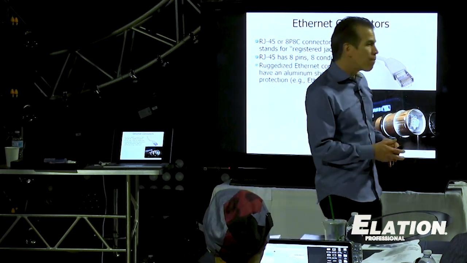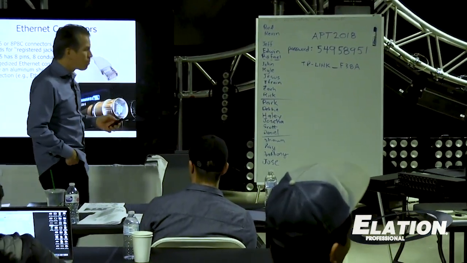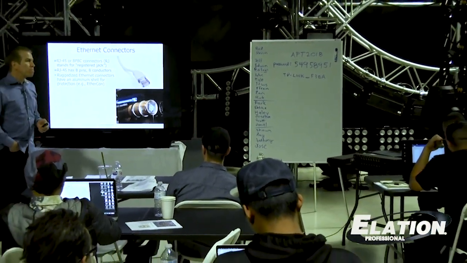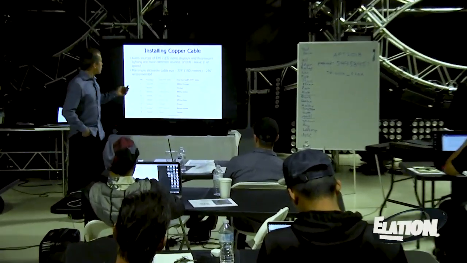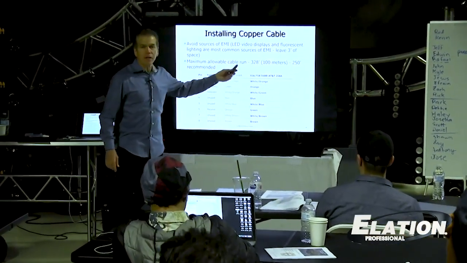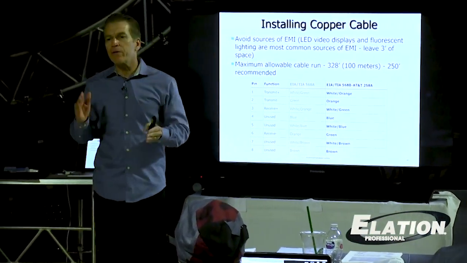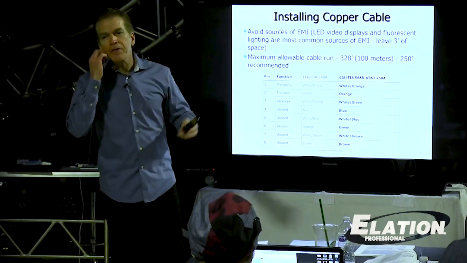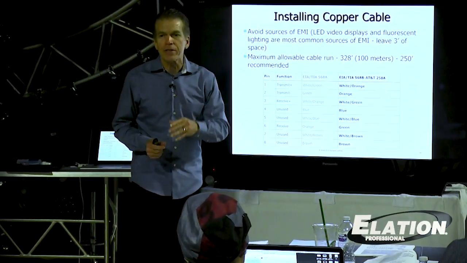Yes, Raphael? Real quick, going back to the runs of 200 and 250 feet, that doesn't matter if you're using Cat 5 or Cat 6? So Raphael's question is, where it says the recommended maximum run of cable is between 200 and 250 feet, does it matter if it's Cat 5, Cat 5e, Cat 6, or Cat 6a?